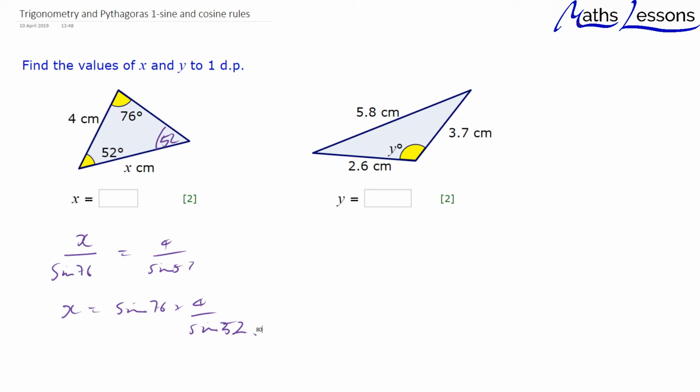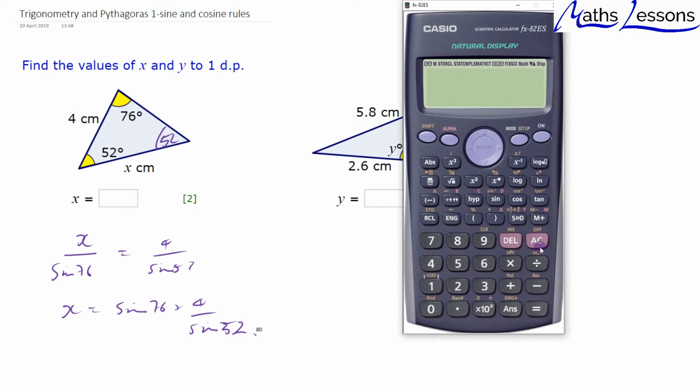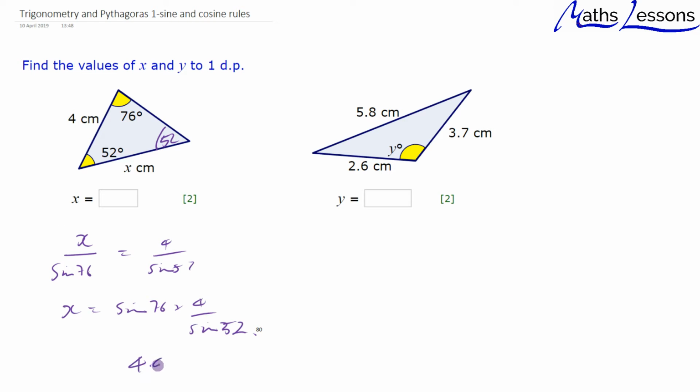Grab a calculator and we do sine 76 times 4 divided by sine of 52. We'll get an answer of 4.925. So that's 4.92 to 1 decimal place.